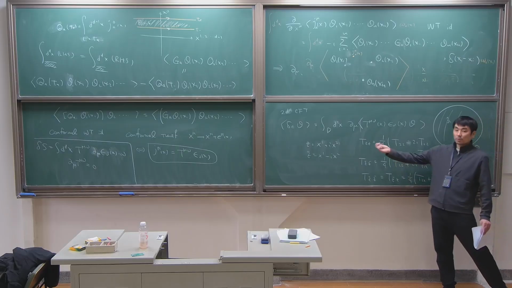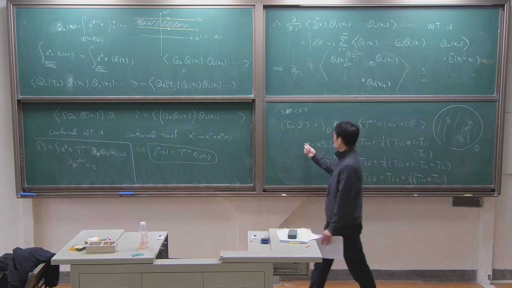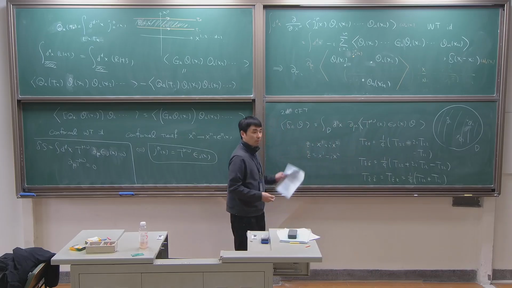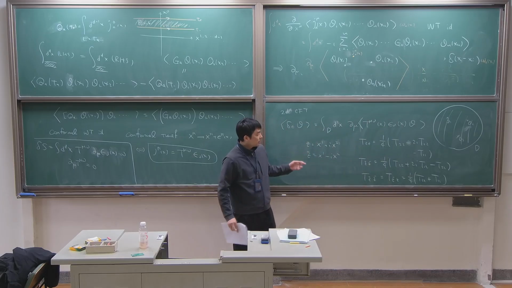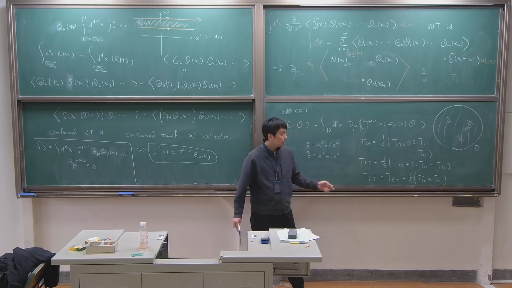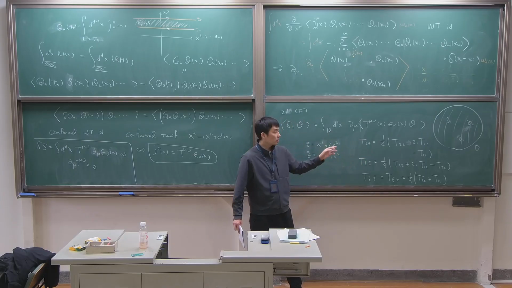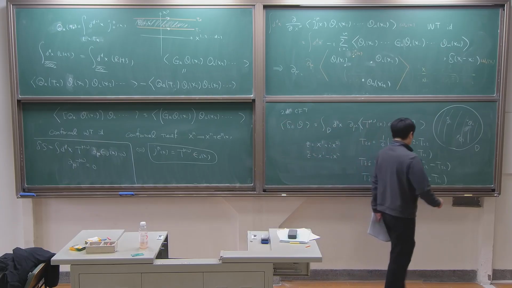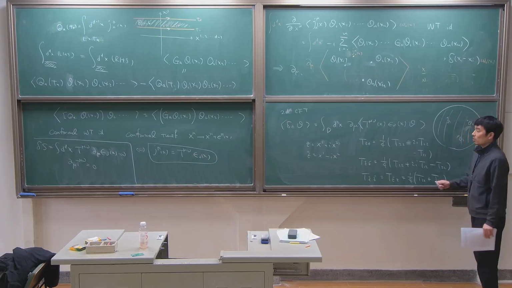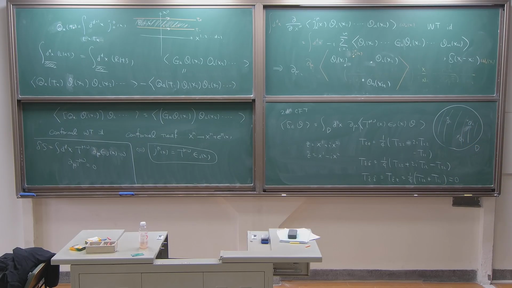So if you consider the z, z-bar coordinates, you can use this holomorphic and anti-holomorphic coordinate and write down the stress energy tensor in those coordinates. The relation between the original and the new coordinates is like this. Since, as I mentioned, conformal field theory is traceless, this is 0.